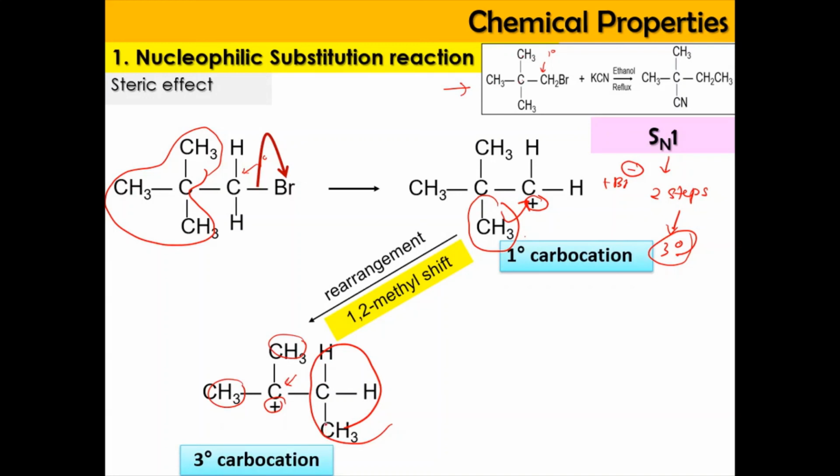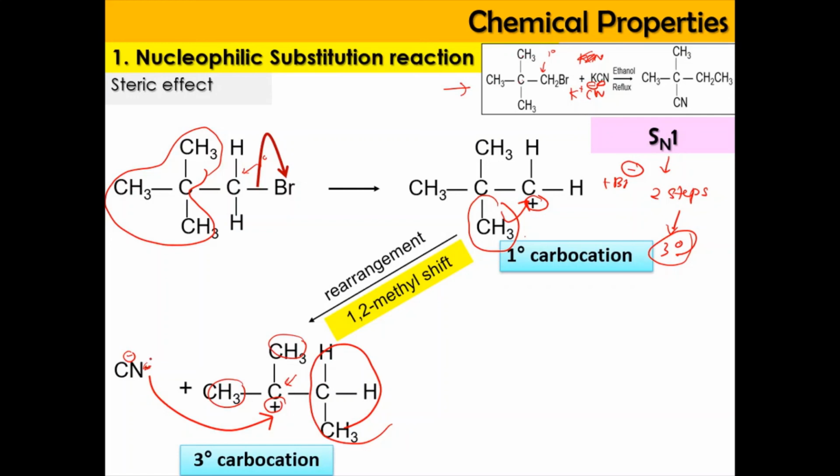And now we can enter our nucleophile. Our nucleophile here is KCN. If it dissociates and forms ions, it's going to be K+ and CN−. The carbon carries the negative charge, so the CN− is used to attack the C+, which is the electrophile here.